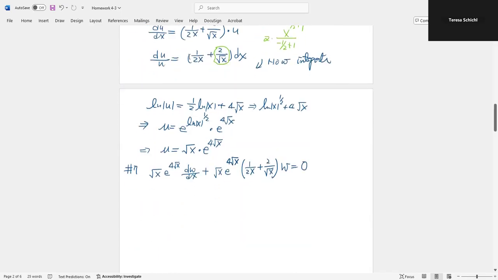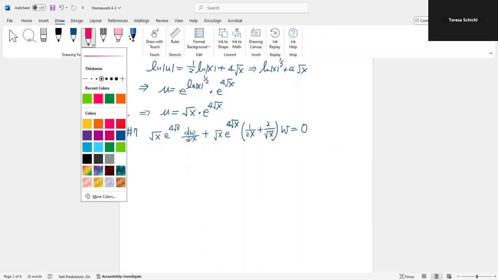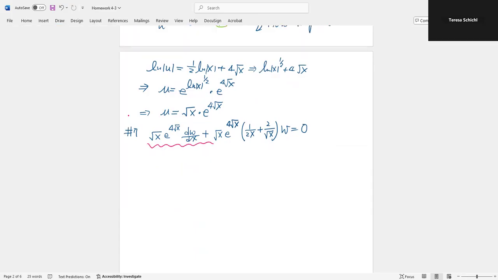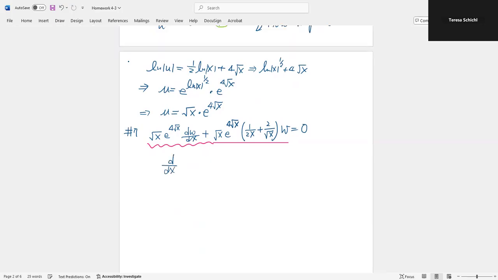So remember that, right? These terms we can change to what? To the derivative of a product, right? So I can change this to d dx of the integration factor, square root of x e to the 4 square roots of x, times w, equal to 0.